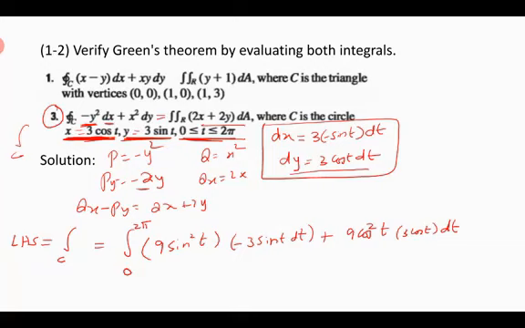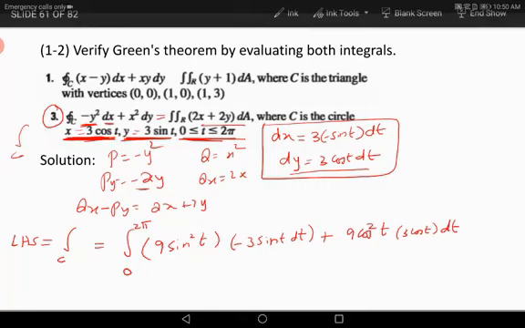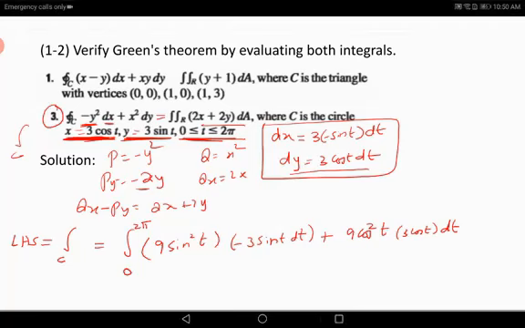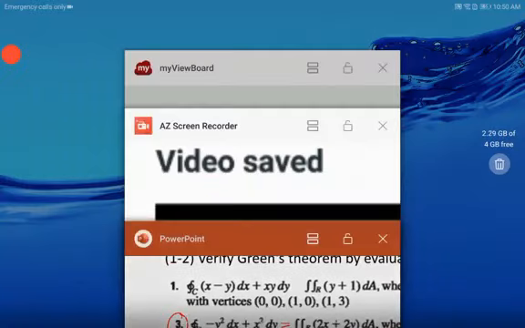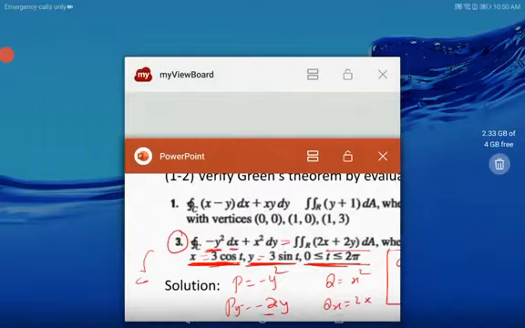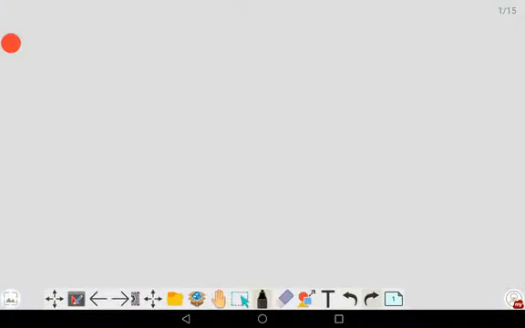Okay, let's simplify this further. Let me solve this on another white page. I will repeat it.